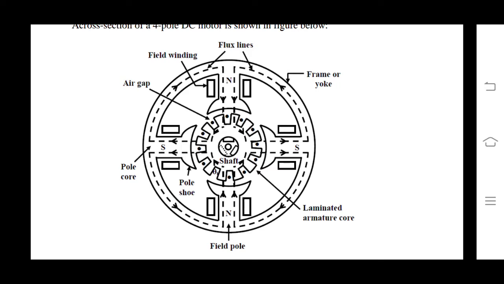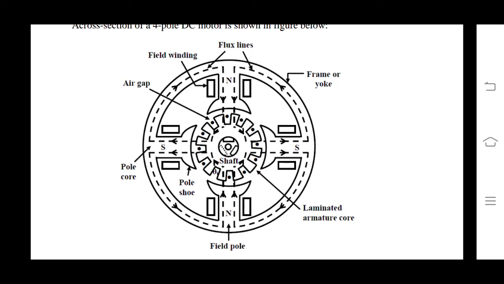So here we can observe 4 separate flux lines, closed circuit lines. So here are 4 flux lines, so we can say there are 4 magnetic circuits.